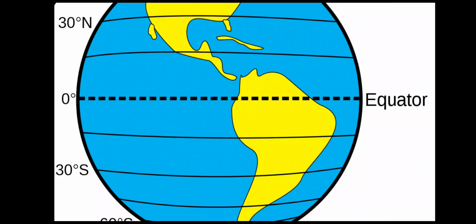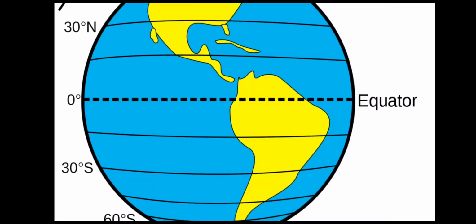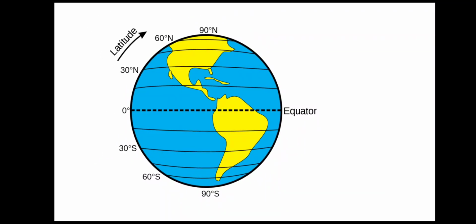The distance from the equator to either of the poles is 1/4 of a circle round the Earth. It will measure 1/4 of 360 degrees, that is 90 degrees. 90 degrees north latitude marks the North Pole and 90 degrees south latitude marks the South Pole.